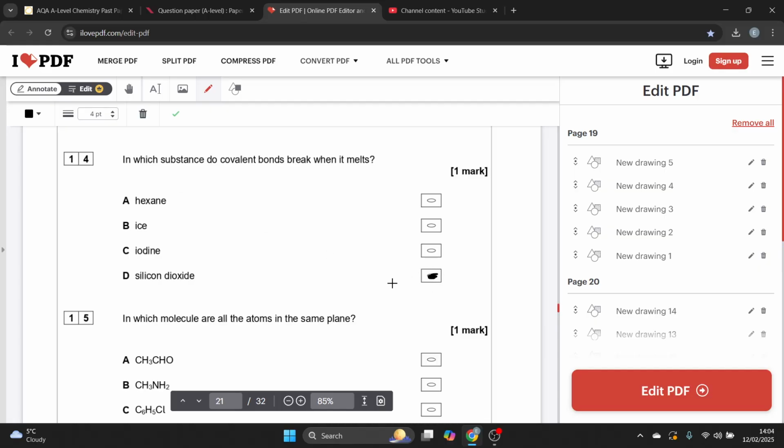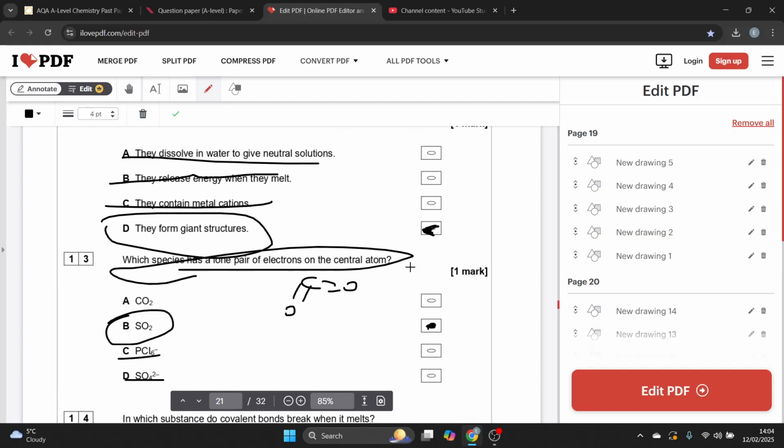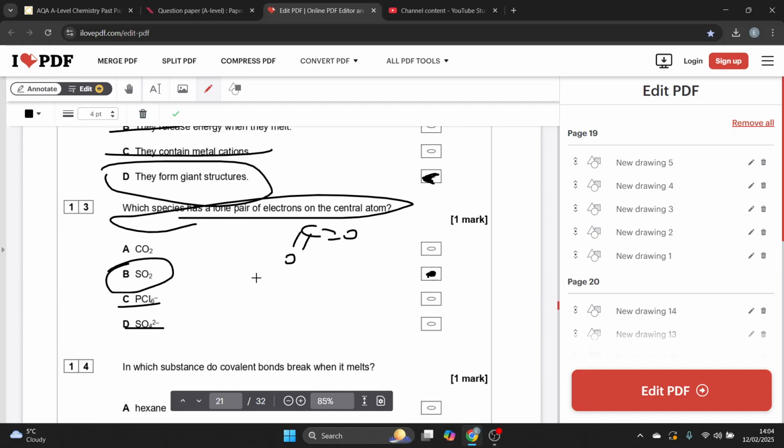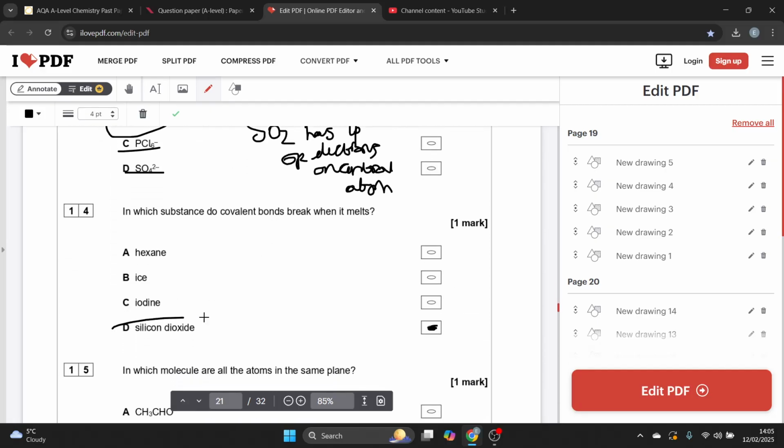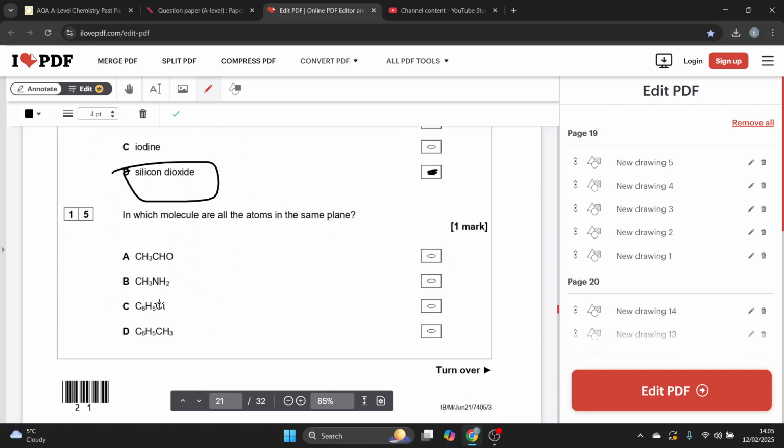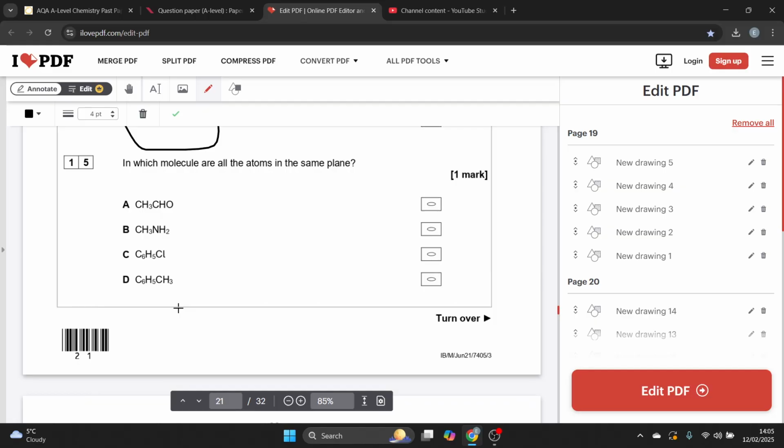It's giant covalent, macromolecular. Silicon dioxide.